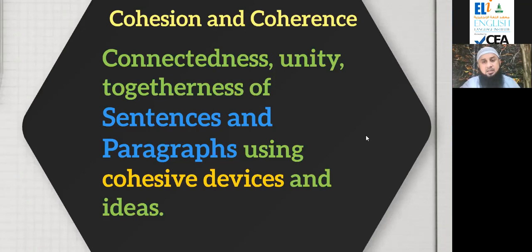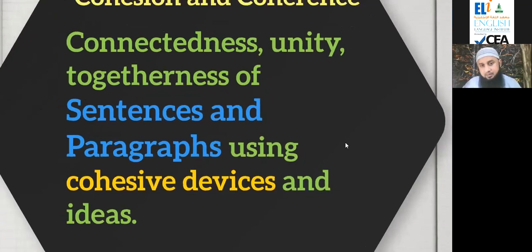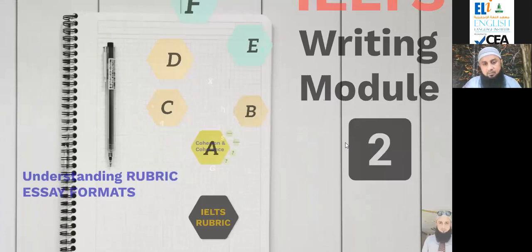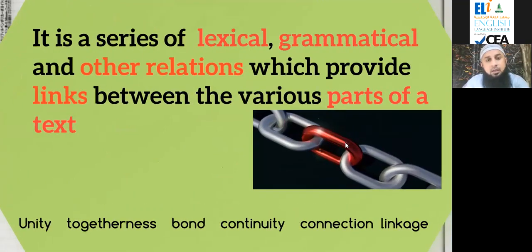Coherence is connectedness of ideas that we would learn. Your ideas are connected. They are unified. Let's have a look at them in detail, then we move forward. It's a series of lexical, grammatical, and other relations which provide links between various parts of a text.